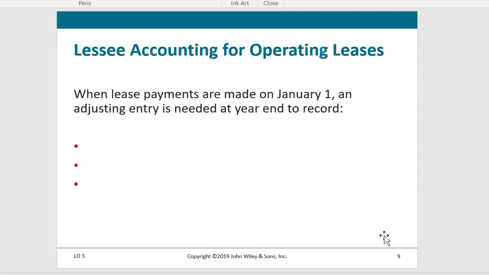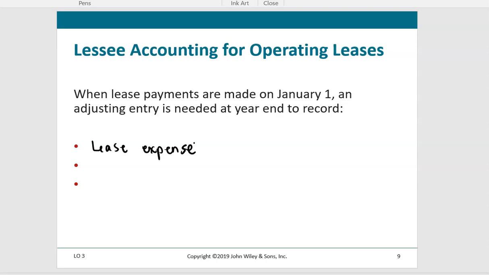Some notes before we do our entry. When the lease payments are made on January 1st, an adjusting entry is needed to record three items: lease expense. And remember from earlier, we said the lease expense is going to be the same amount every year. We're going to work through how to calculate each one of these three items in the following slide.